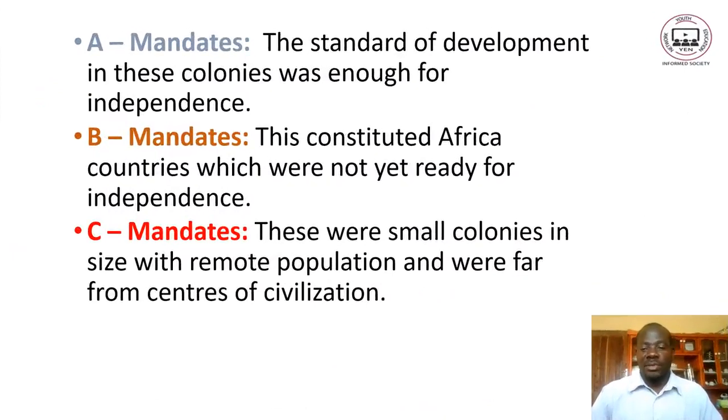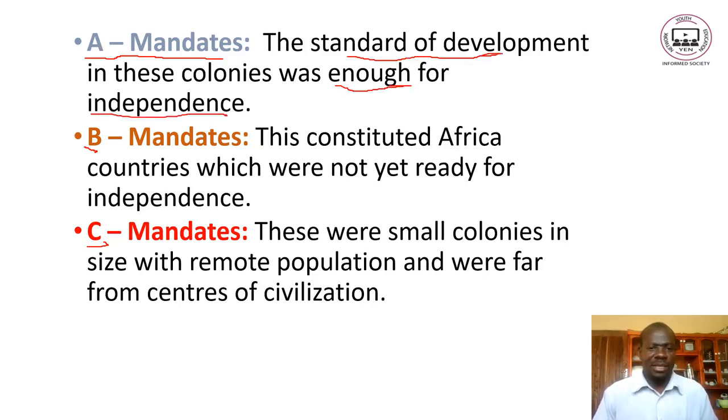Now let's look at those mandates, because we have said that they were in three categories. So there was a mandate. A mandate is not like A, B, C, no, but it is a mandate. So those A mandates, their standard of development was enough for independence.